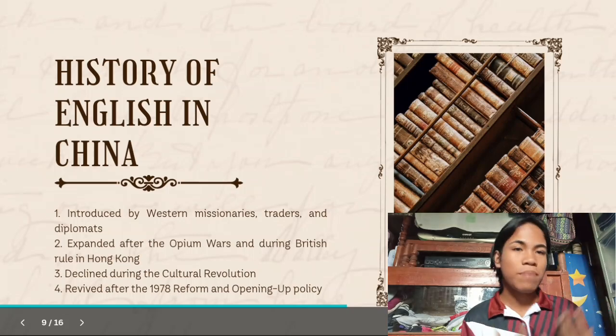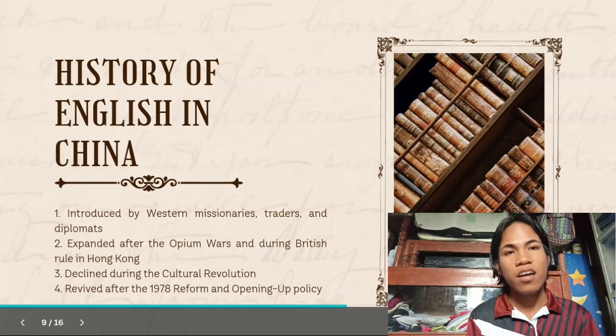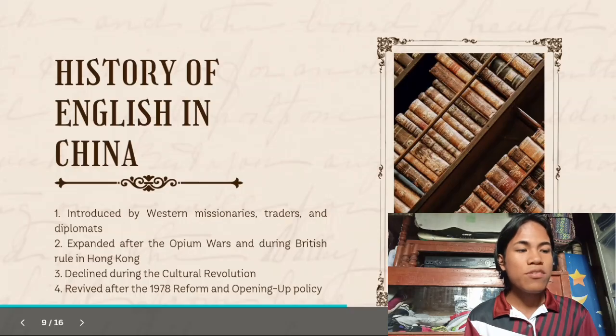Another thing that expanded English in the country is the British rule in Hong Kong.